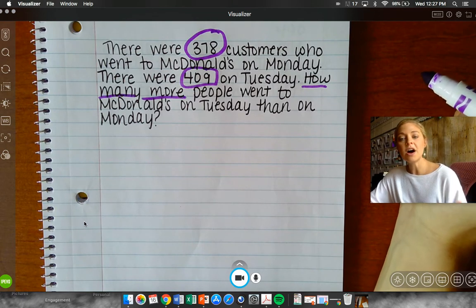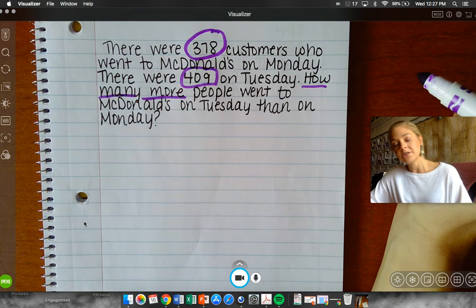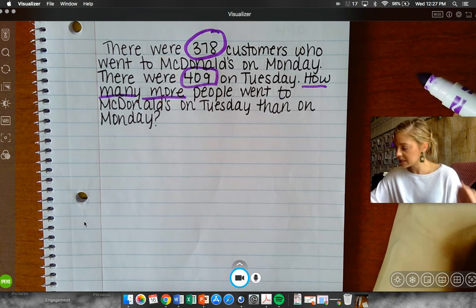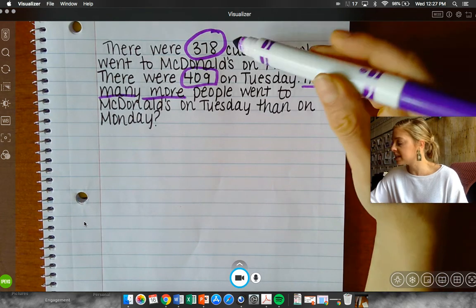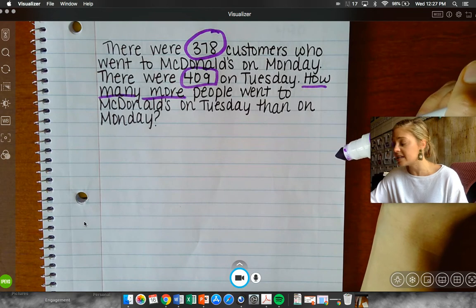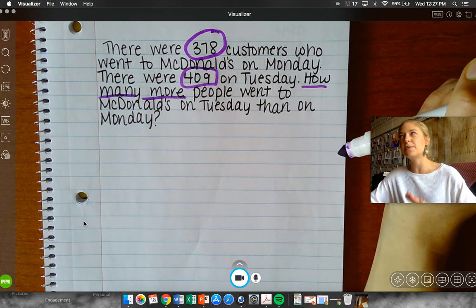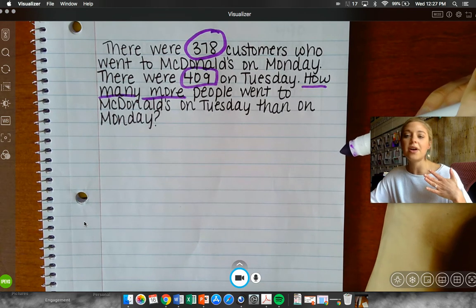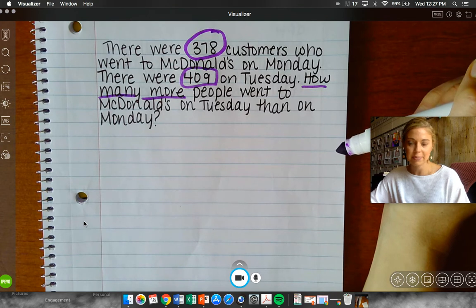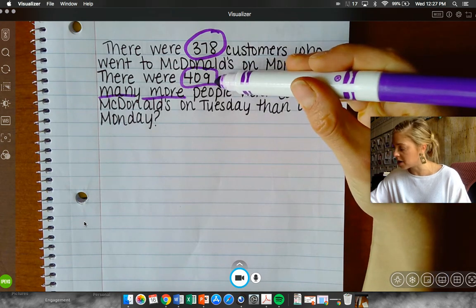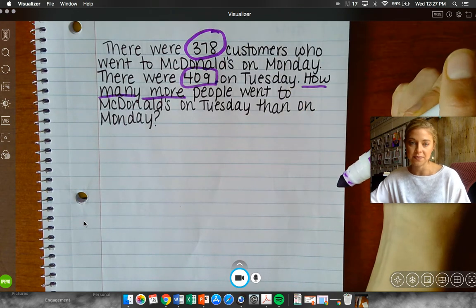Well, first of all, I need to figure out, am I using addition or subtraction in this problem? If I have 378 customers who went to McDonald's on Monday and then 409 on Tuesday, we're trying to think, well, how many more people went on Tuesday than on Monday? Because obviously 409 is a bigger number than 378.